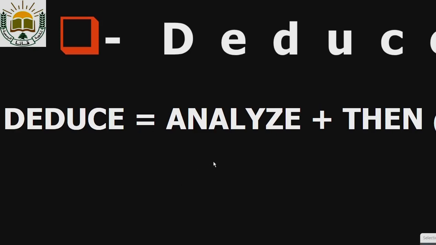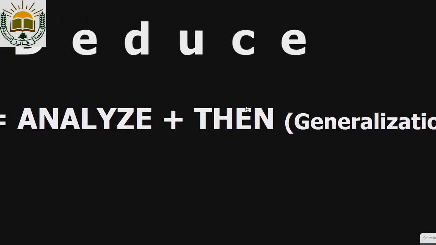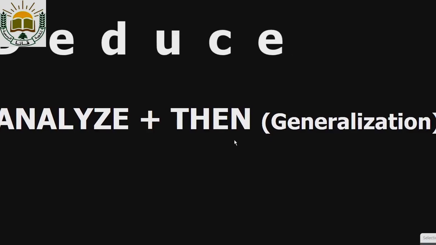But to deduce something is to write the analysis, variable, result, variable, result, variable, result, and at the end, you write this word, then, and you write a generalization, a small text. And then you will write what you can write in the indications if you are interpreting the experiment.